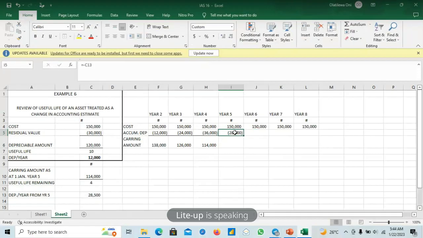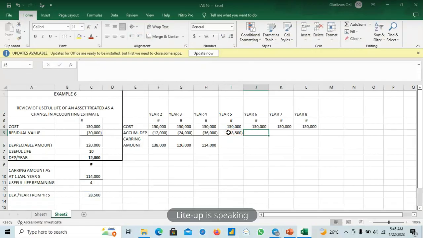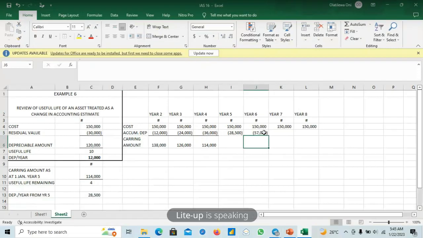So we are going to be having the accumulated depreciation in this year, this plus this. It goes on like that.